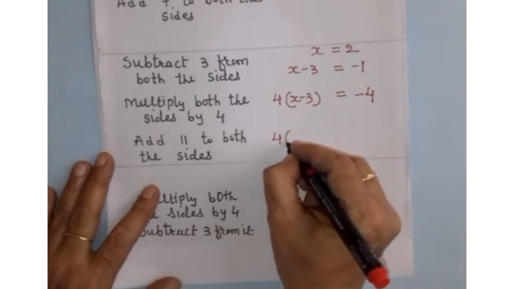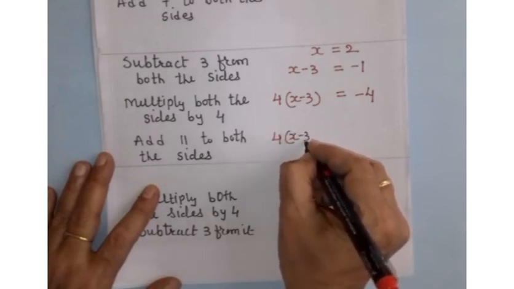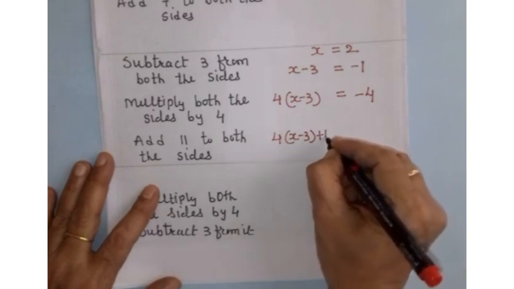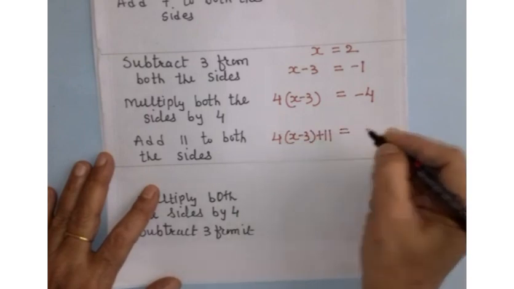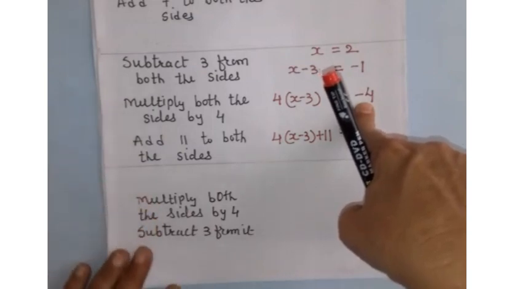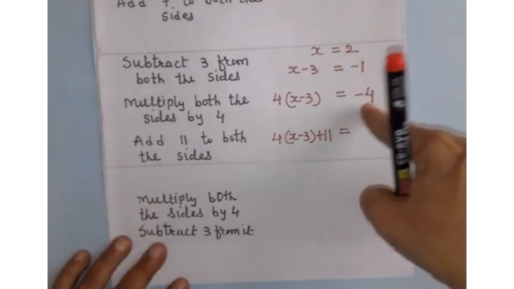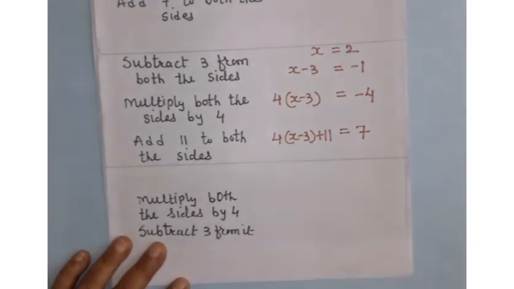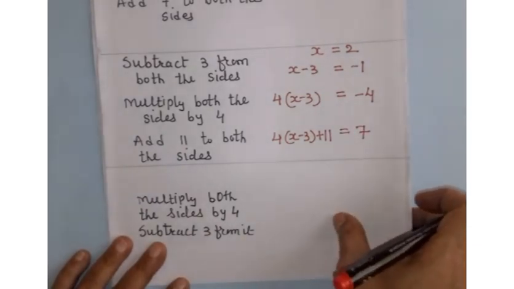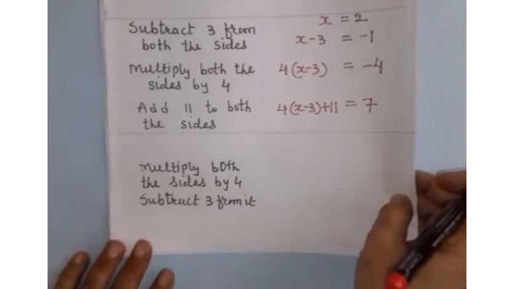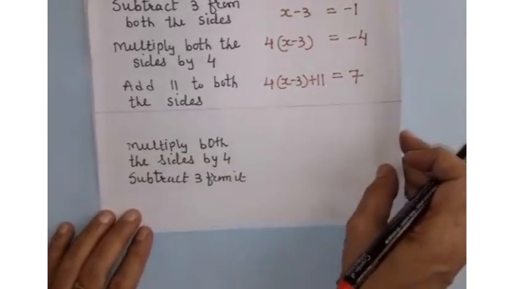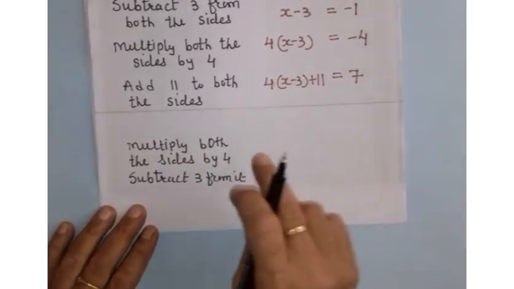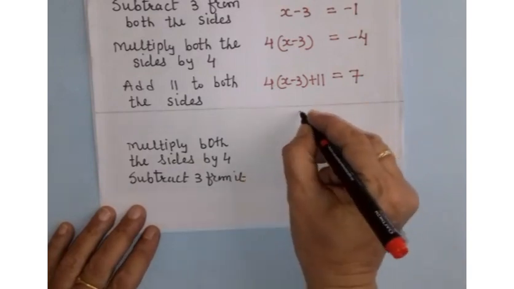So 4 into bracket x minus 3 plus 11 is equal to, if you add 11 to minus 4, that will give us 7. Understood, children? Clear?